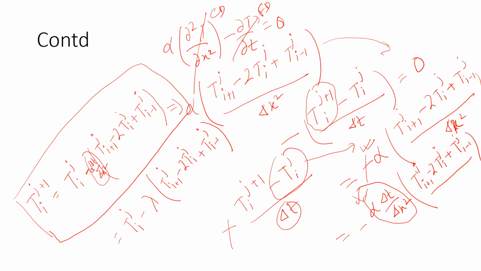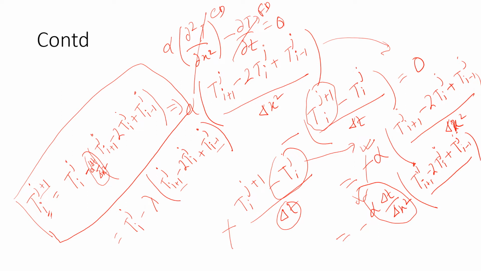So if I want to know the value of temperature at i after j plus 1, we need to know the value of temperature T at node i plus 1 and node i minus 1 at the time T equal to j.